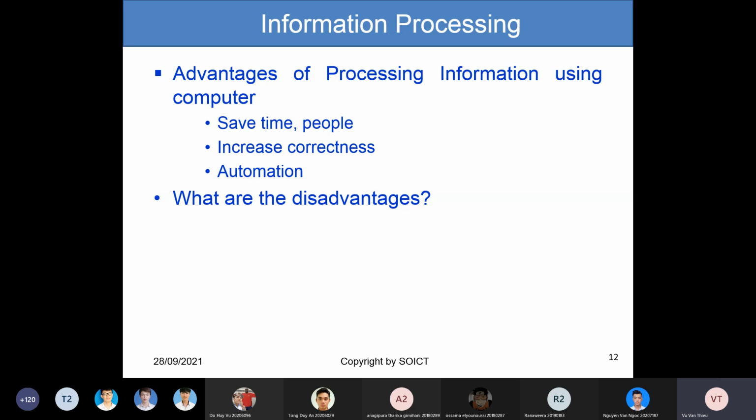Of course, using a computer to process information also has some disadvantages. So can someone tell me the disadvantages of processing information using computers? Can you tell me?